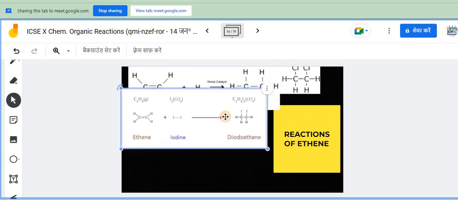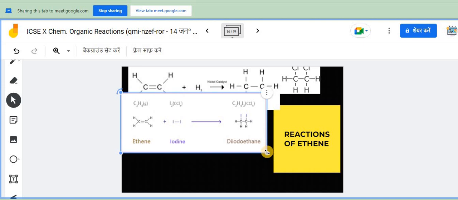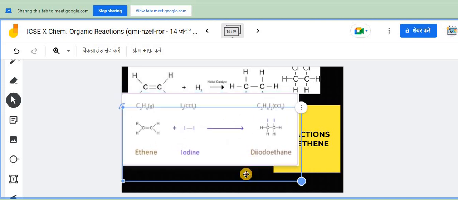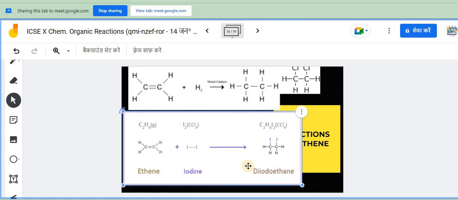If I want to add iodine... Sir, doubt is there. Sir, in the second reaction of hydrogen, what is the use of nickel? Nickel is a catalyst there. There is an adsorption phenomenon, if you know about adsorption, AD, not AB, adsorption.